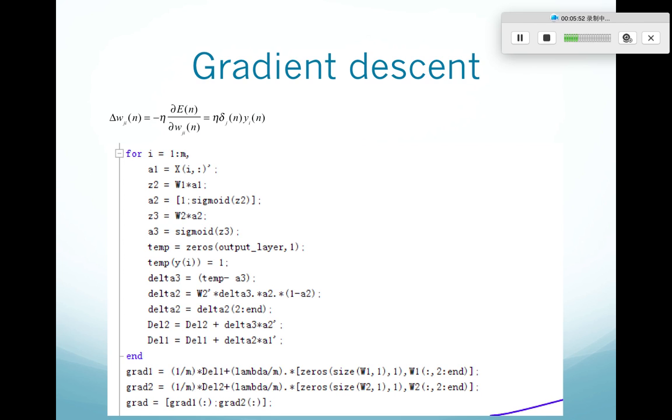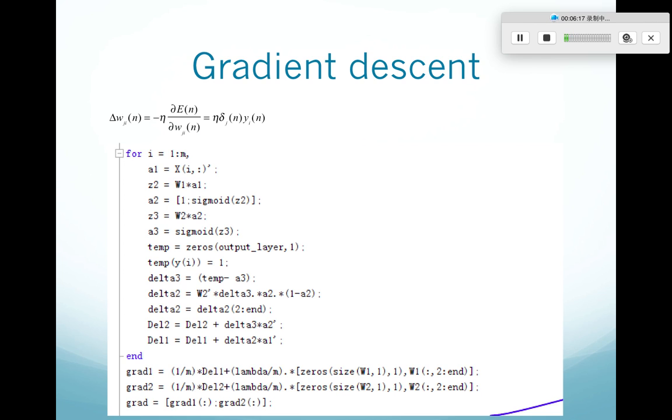Then I do the gradient descent. As indicated before, we use backpropagation algorithm to compute the gradient descent. So we also need the learning rate parameter eta to decide the correction of weights, which is the so-called delta rule. The delta rule is the equation above.